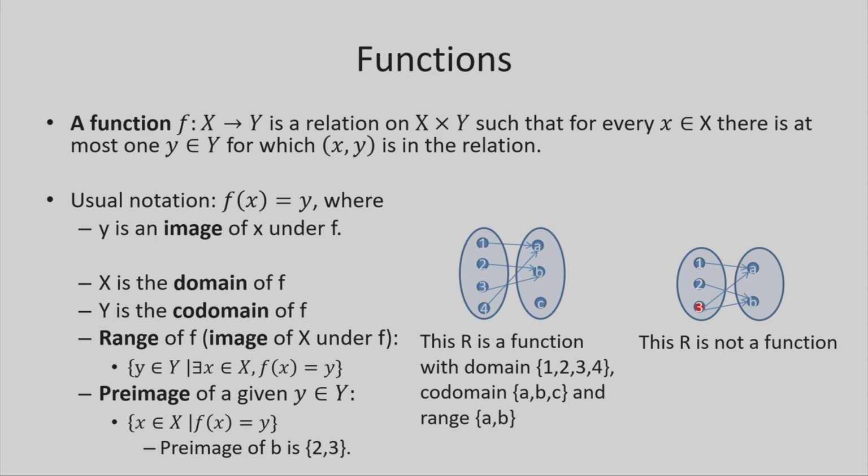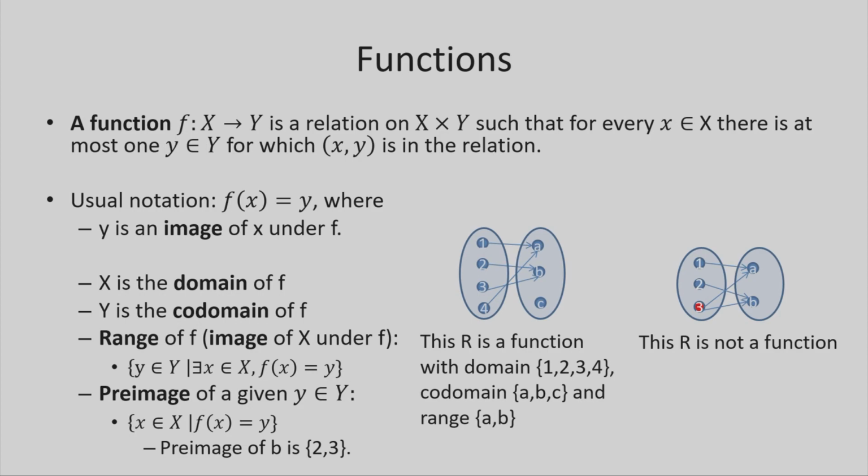A range of f, or an image of the whole big set X under f, is all the y's that have something mapping to them by that function f. It could be that some things are not being mapped, but it could be that everything is mapped.